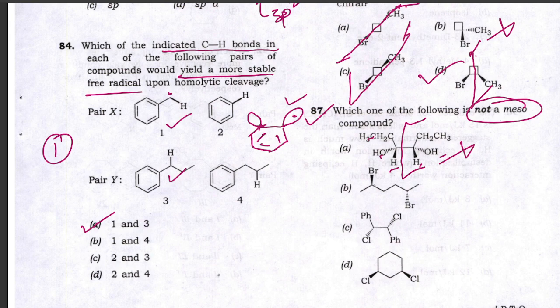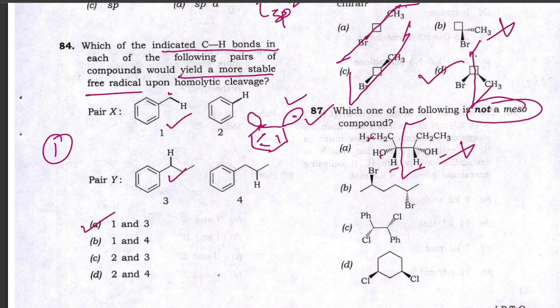Like for this molecule, you can do it two ways. This is the sigma bond. You can rotate this bond and see if there is any sigma plane, or you can also do the R and S nomenclature.